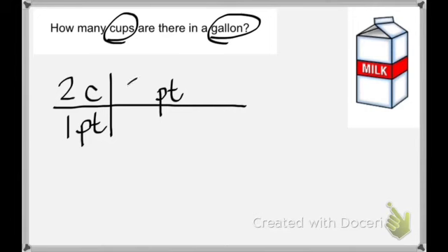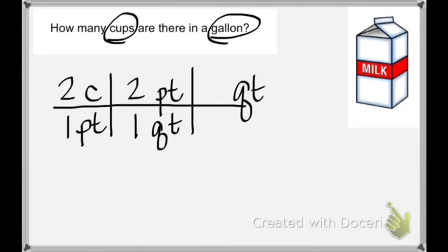Well, I know there are 2 pints in 1 quart. And then for a quart, you can have 4 quarts in 1 gallon. Have we achieved cups in every gallon? I think we have.